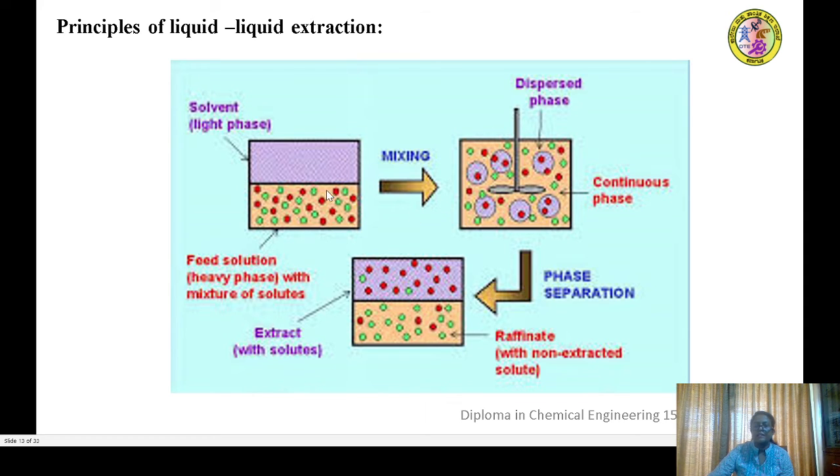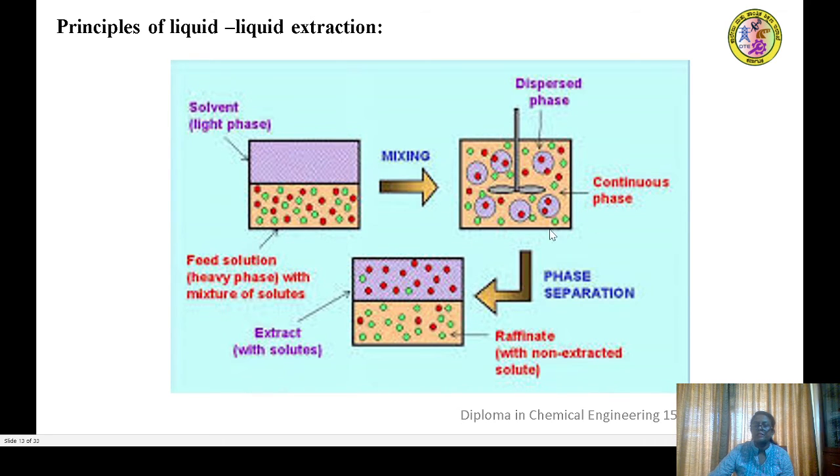You can see the red dots representing one of the components getting transferred from the original liquid solution to the solvent phase. Okay, so this is the transfer of mass occurring. So in the emulsion, the continuous phase is the feed solution in this example, and the dispersed phase, the purple dots that you can see, represents the dispersed phase.